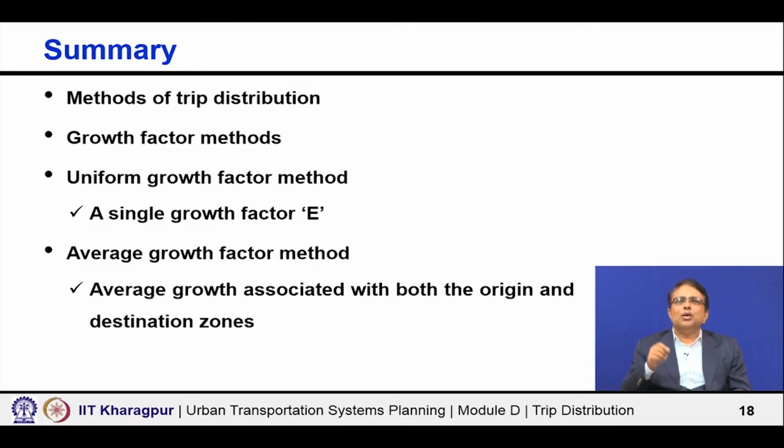We take the present cell, multiply it by a factor E or a growth factor, right, to get the future cell in the horizon year or in the design year. Different methods calculate and apply this growth factor in different manners. That is why they are different methods, but all actually apply a factor to the present cell to get the future, design year or horizon year cell.